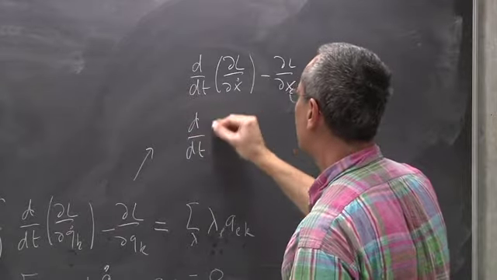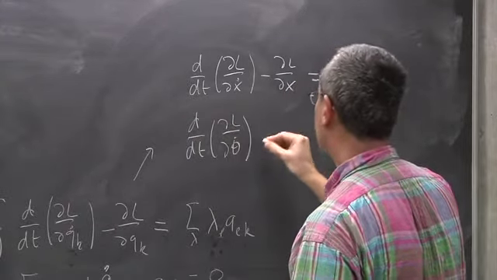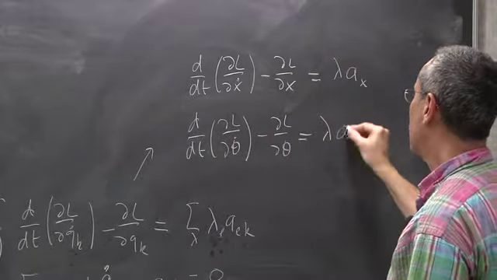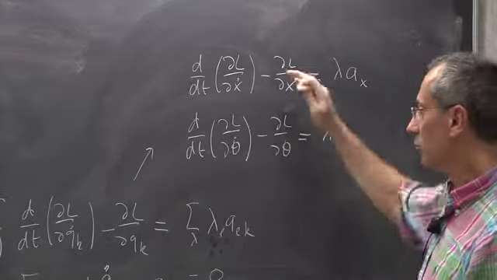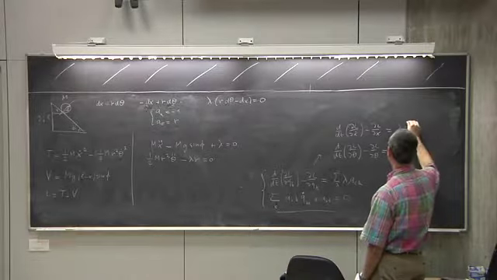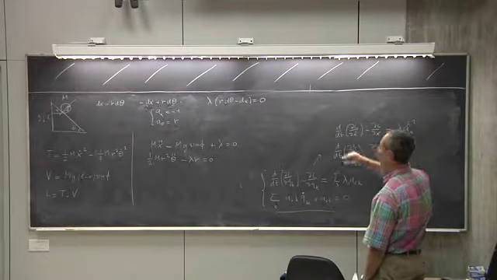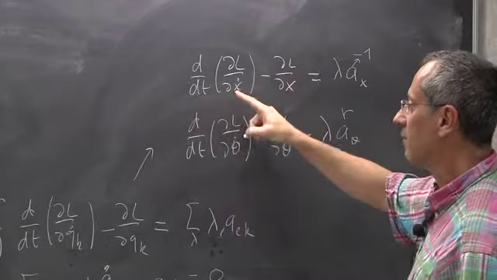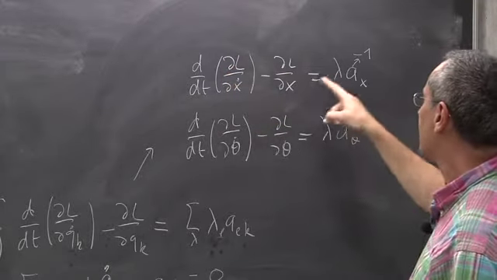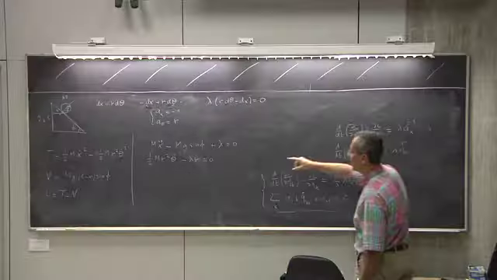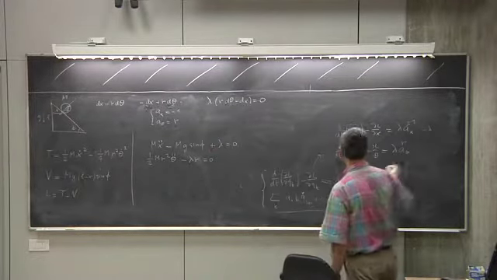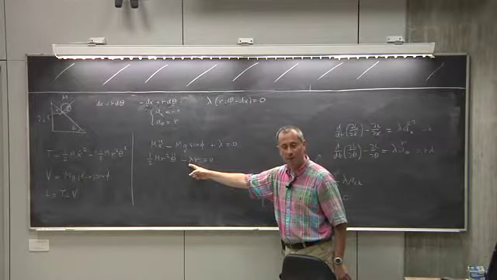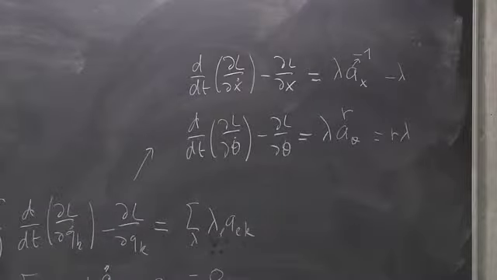The second equation is dL/d theta dot minus dL/d theta equal lambda, just the same coefficient, a_theta, right? These two equations. Now, a_x is minus 1. a_theta is r. So now I take the derivatives, I write the Lagrange equations, and on the other side I have minus lambda for the x that I brought on the other side, and I have r lambda for the other equation that I take on the other side, and I get a minus. Okay? So that's the procedure.